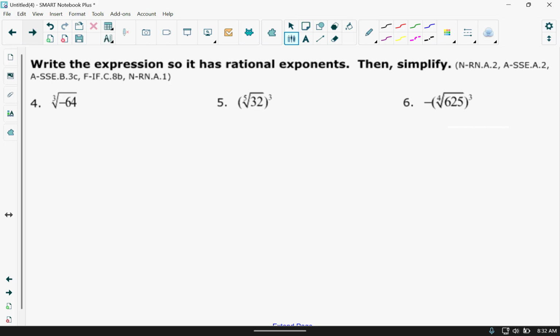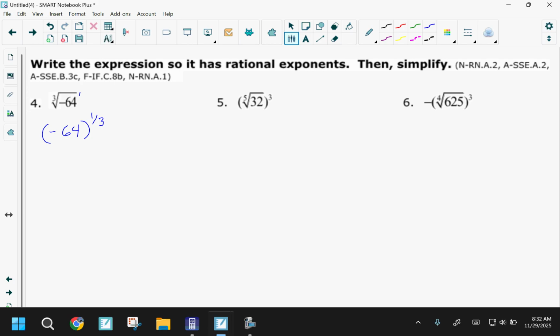Okay, the next group of questions says write the expression so it has rational exponents and then simplify. So a rational exponent is something that has an exponent that's a fraction. So I'm going to put a 1 for the exponent on this -64. And because that's a negative, I'm going to put that in parentheses. So -64 in parentheses, and then the exponent is 1, so it's going to be to the 1/3 power.